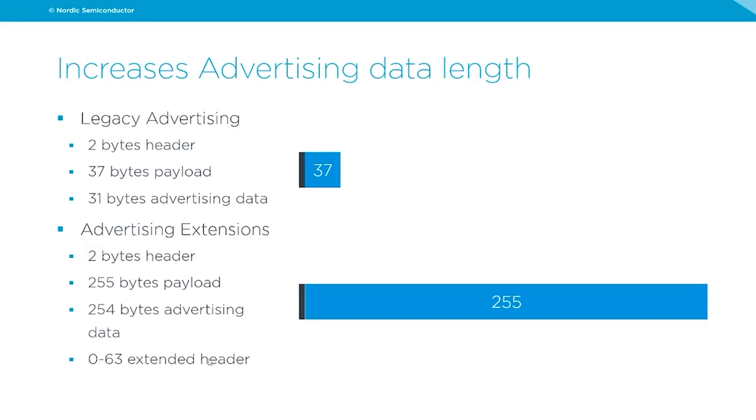So now you can transmit a lot more data in the advertising packets compared to before. Before you were limited to 31 byte advertising data plus 31 byte for the scan response packet, so up to 62 bytes with a lot of overhead inside that. So it's quite limited to transmit data over advertising, but now with extended advertising you can transmit a lot more, up to 254 bytes payload.